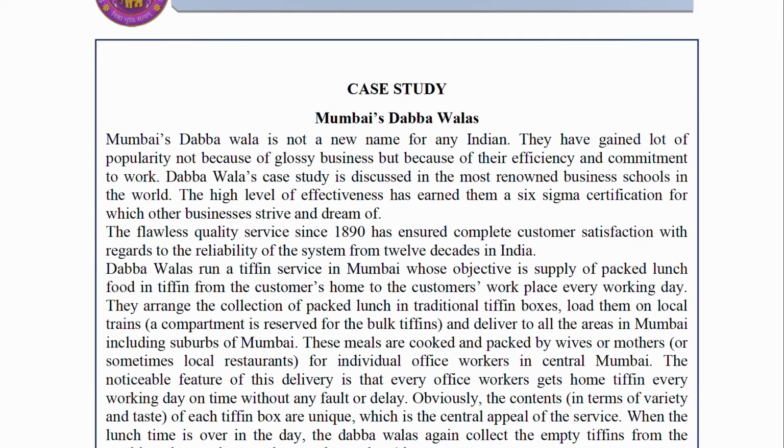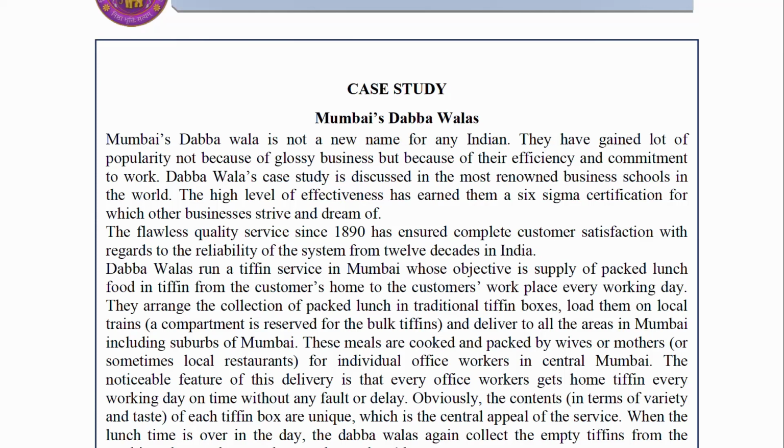Case study: Mumbai's Dabbawalas. Mumbai's Dabbawala is not a new name for any Indian. They have gained a lot of popularity not because of glossy business but because of their efficiency and commitment to work. Dabbawala's case study is discussed in the most renowned business schools in the world.